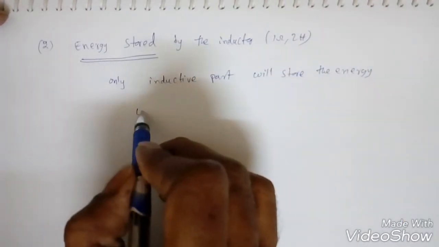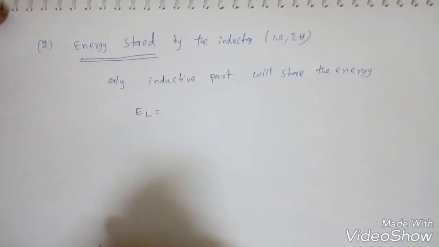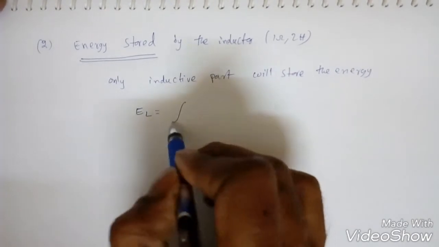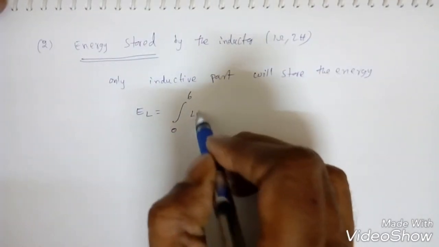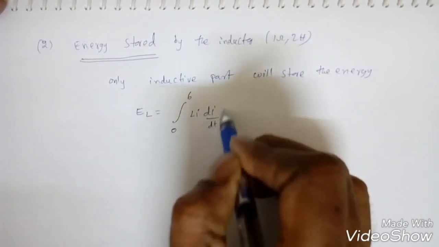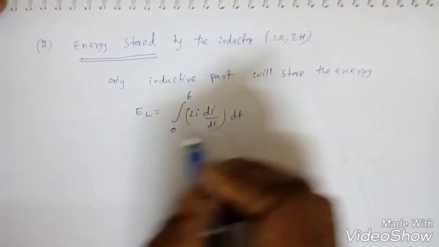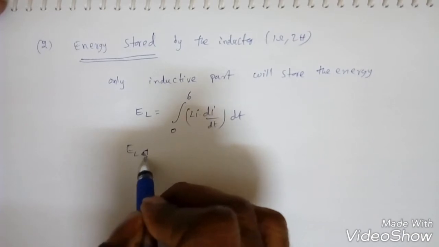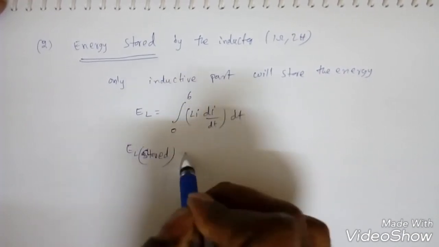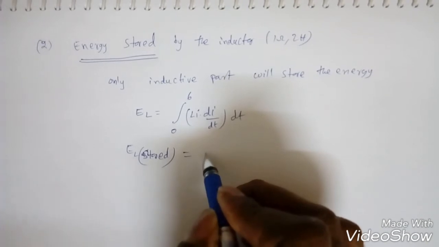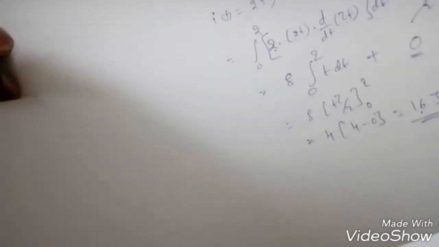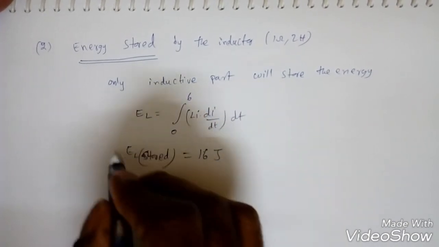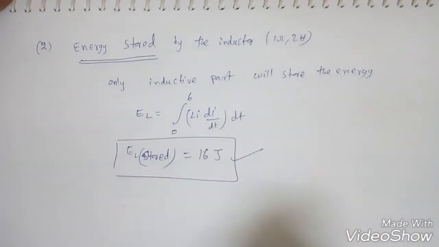That means if I find the energy absorbed by this inductor from 0 to 6 seconds, the integral of L i di by dt into dt, then it is the energy absorbed or energy stored. We already found it is 16 joules, so I cannot do it again; I am directly writing 16 joules because we already found this.